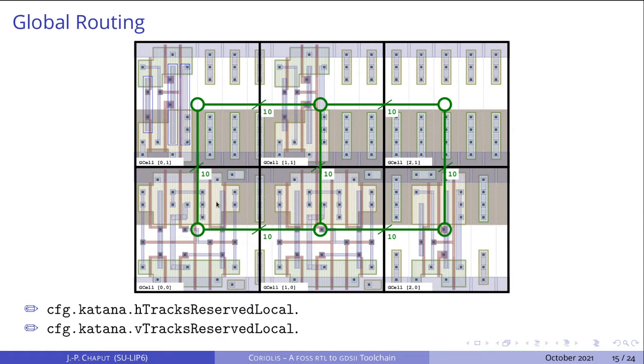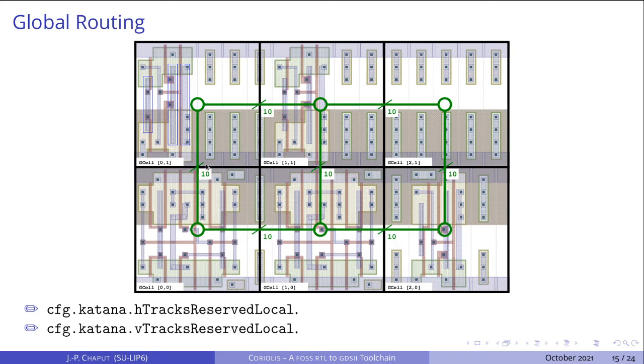But it is too abstract a model, because it assumes that if you can pass 10 tracks on the edge, you can also pass them all around the G-cell, which is not true. The G-cells contain standard cells that you have to connect to their connectors, and inside you can also have doglegs, turns, and whatever is needed to achieve the detailed routing. So the G-cells are not as transparent as the edges seem to indicate.